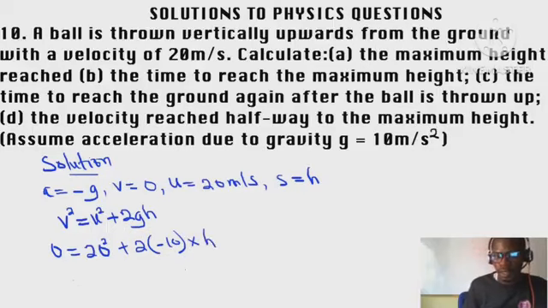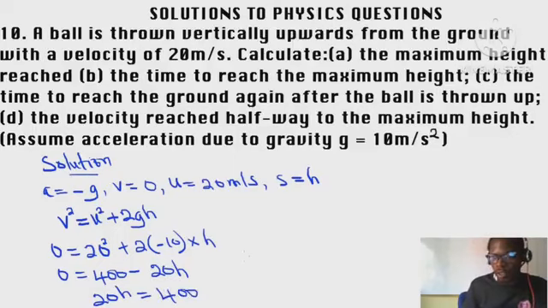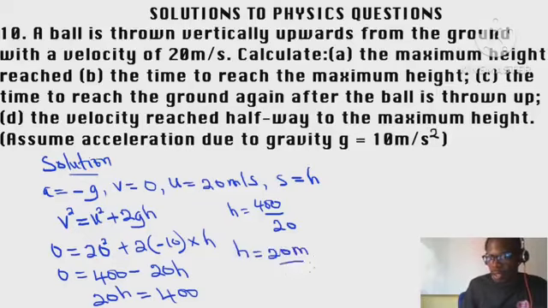Then from here, 0 equals 400 minus 20h. So minus 20h moves over, and 20h equals 400. Then h equals 400 over 20. That means the maximum height is 20 meters. That's how to calculate the maximum height.